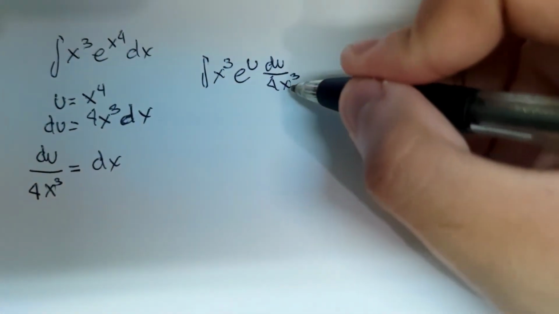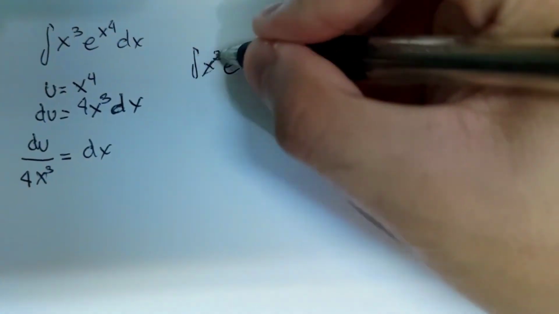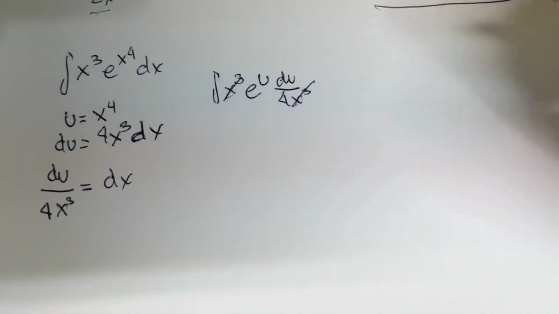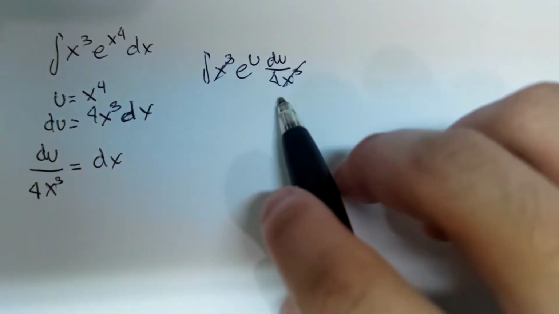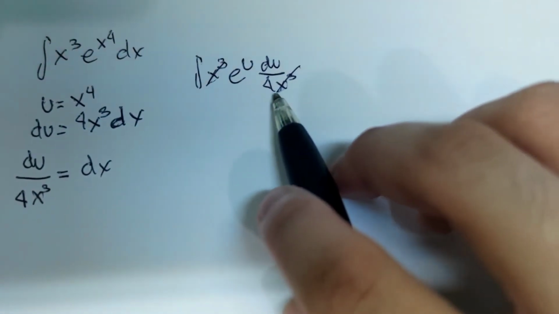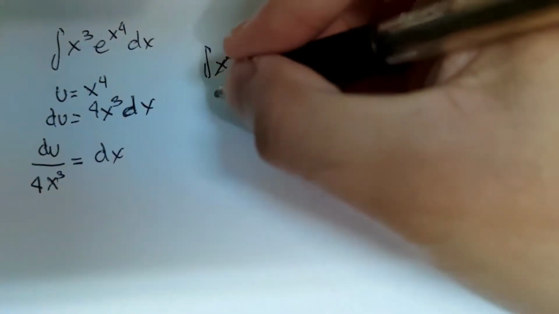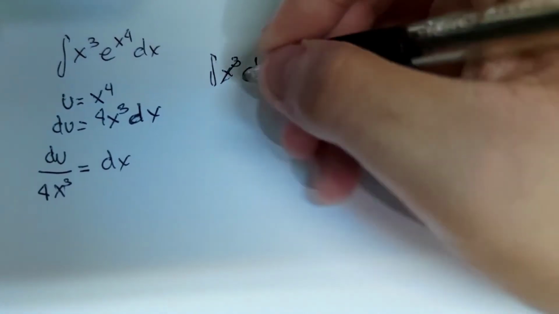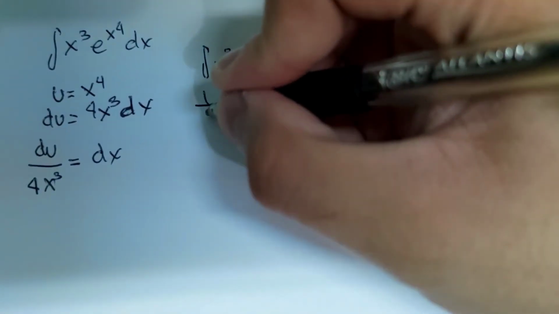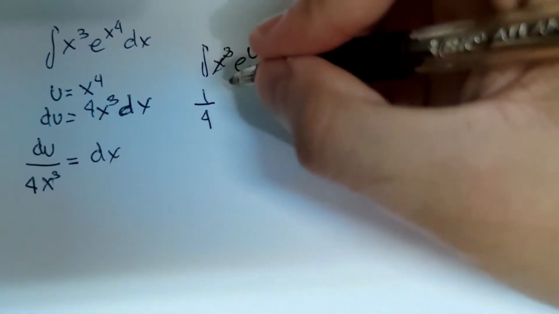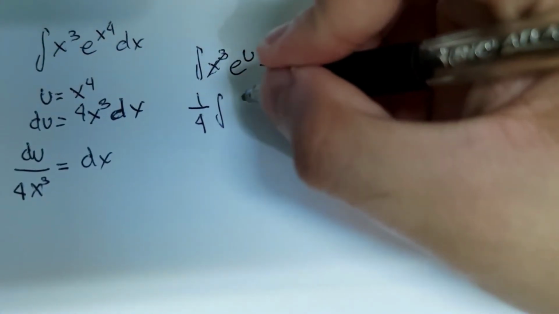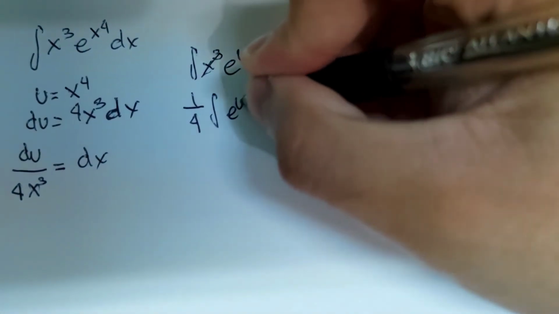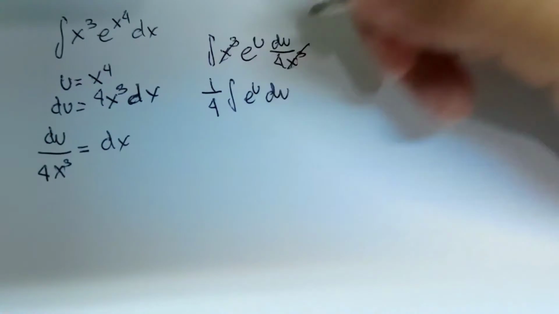So we can cancel out our x cubed here and x cubed here, and our 4 is on the denominator, so this will be a constant. You can take it out, which is equivalent to 1/4 integral of e to the u du.